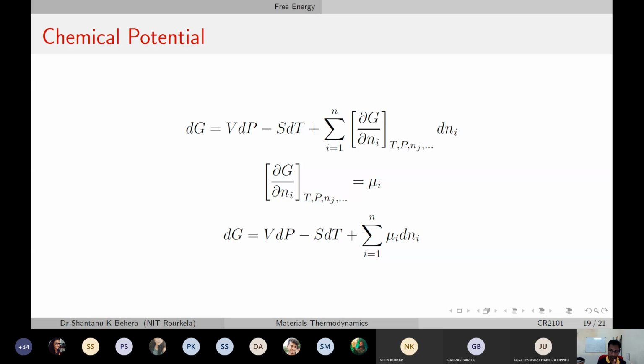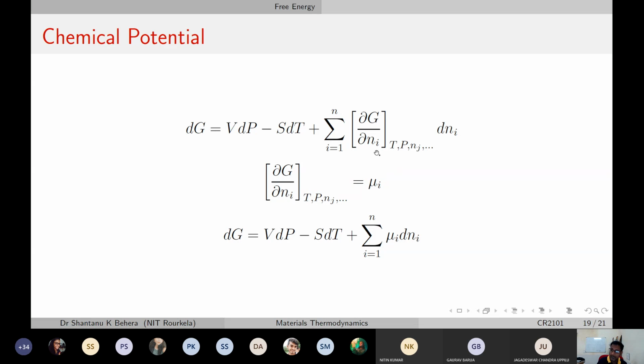It's a molar free energy, but you are considering only the change with the introduction or deduction of one particular type of component, while the others are kept constant. In that sense, it's called partial molar free energy. A generic term that we use for this is chemical potential. And this chemical potential is kind of the driving force, a driving force of the individual components, right?